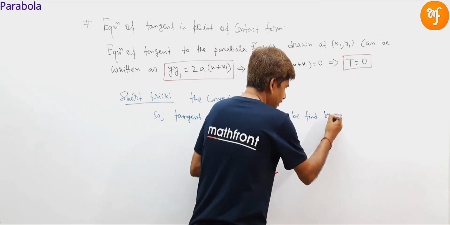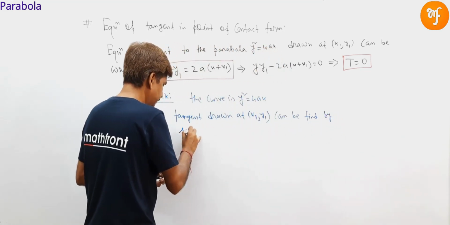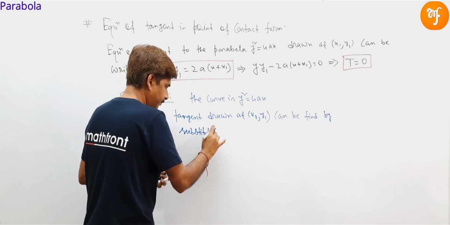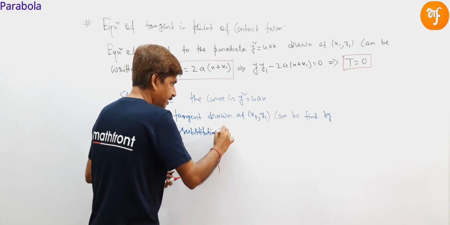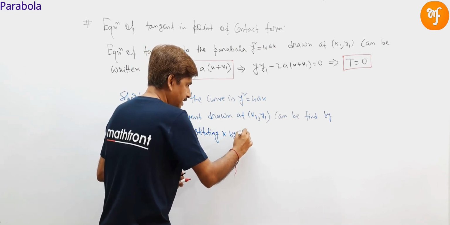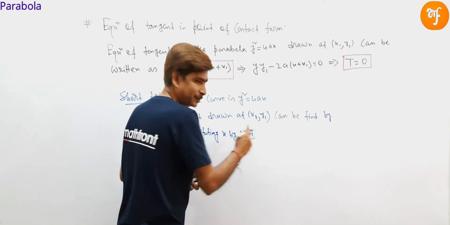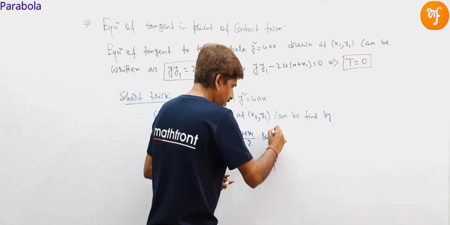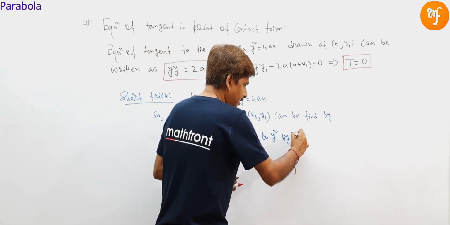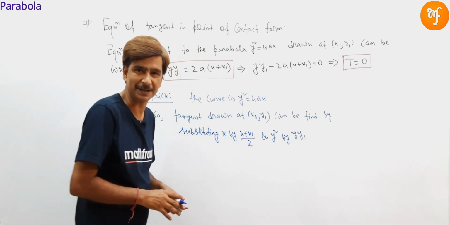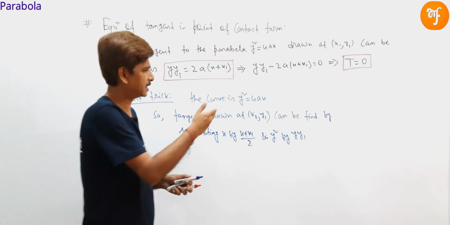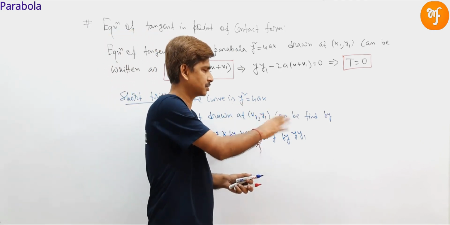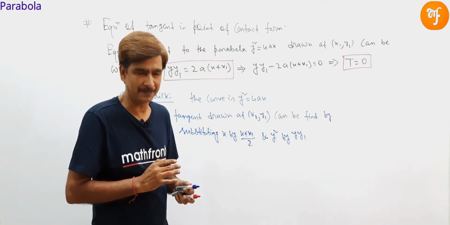By substituting x by x plus x1 by 2, okay, because only x is there, and y square by y into y1. Is it clear? As only x is there, so we write x plus x1 by 2, and as only y square is there, so we write y into y1.